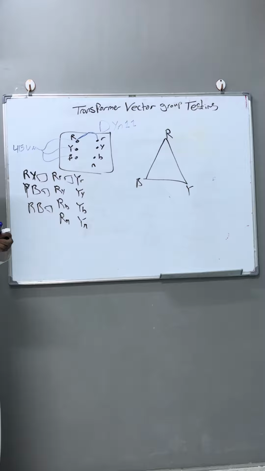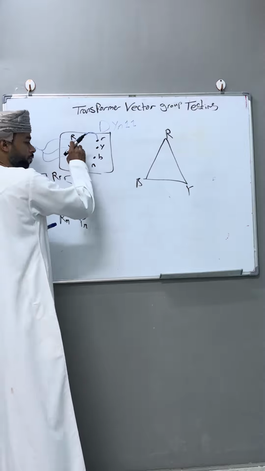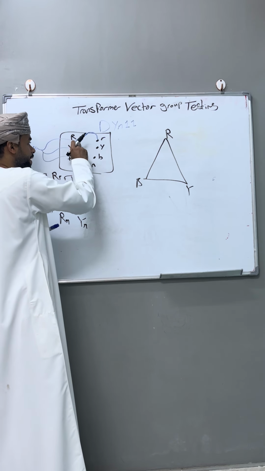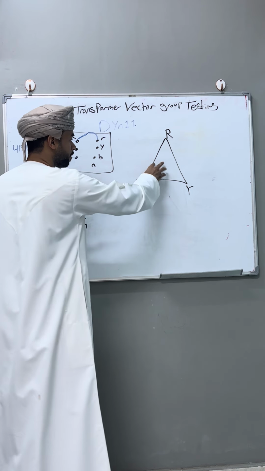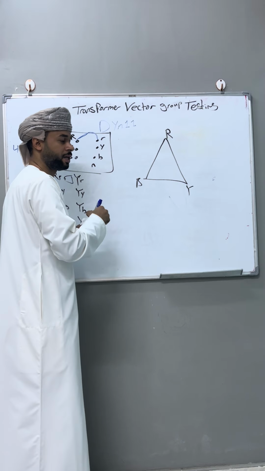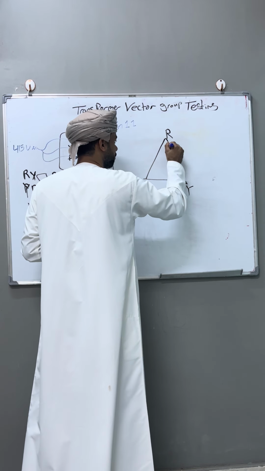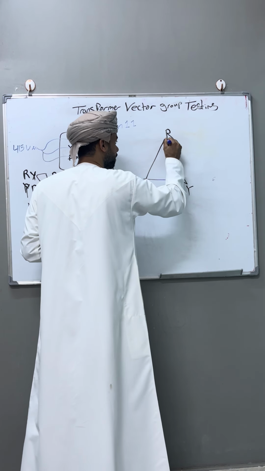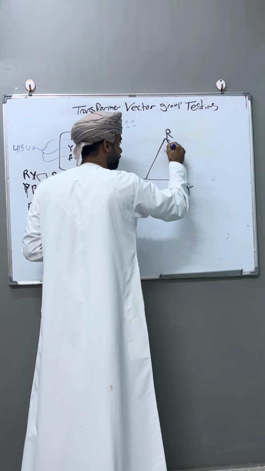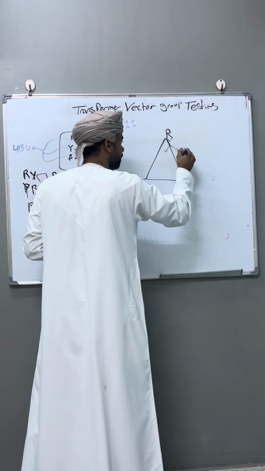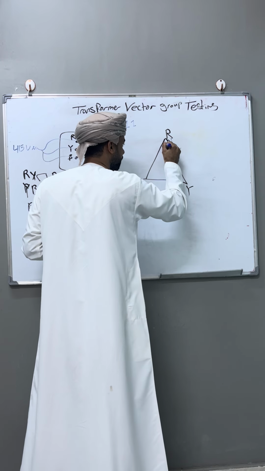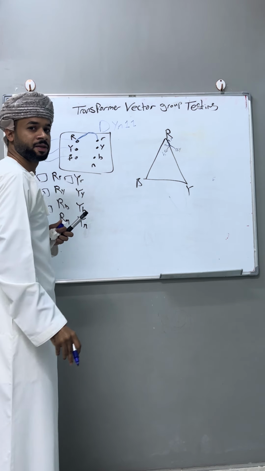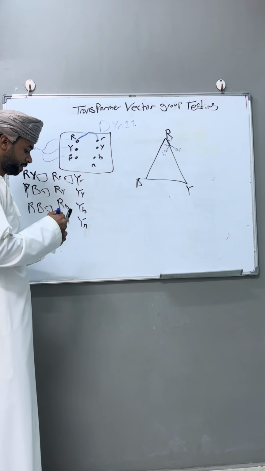What is the first thing we did here? We made a short between R capital and R small. So this is the delta connection. Now I want to draw the star connection. The star connection will be like this: R small, Y small, B small, and here the neutral.